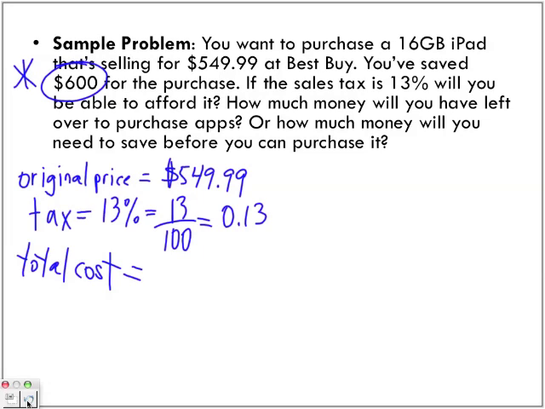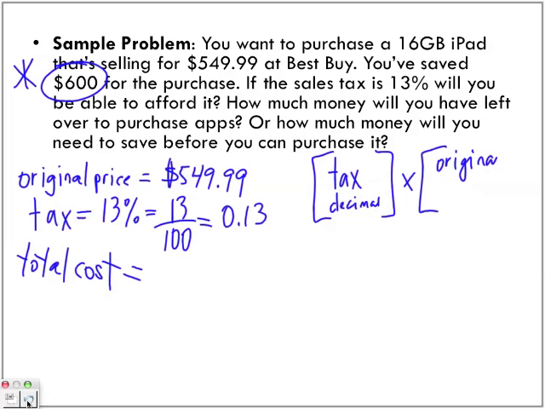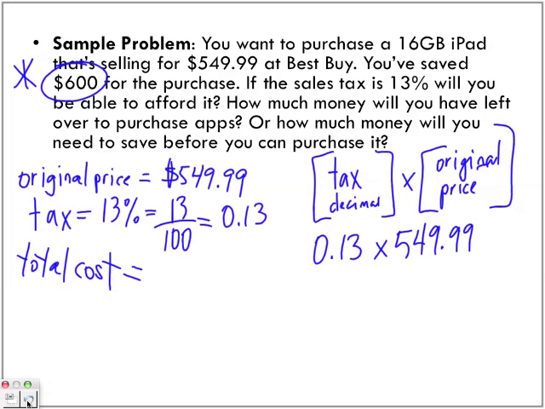So the total cost, as we said, is the tax as a decimal multiplied by the original price. So the tax as a decimal, 0.13, multiplied by the original cost, $549.99.